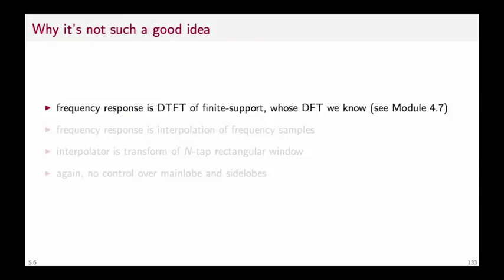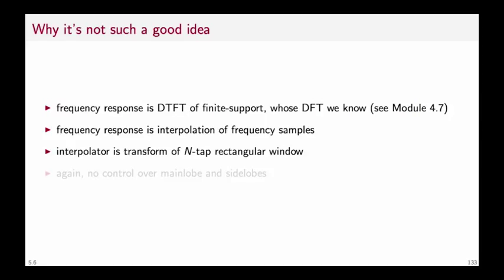So if we take the Fourier transform now, the DTFT of the finite support filter, what do we get? We need to convert the DFT representation to the DTFT representation. We know how to do that. We studied that in detail in module 4.7, and we know that the frequency response will be the interpolation in frequency of the frequency samples that we took in the first step.